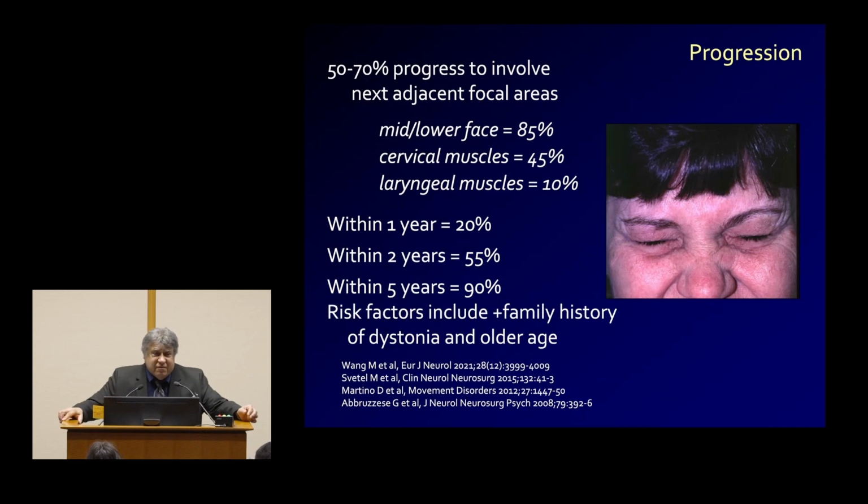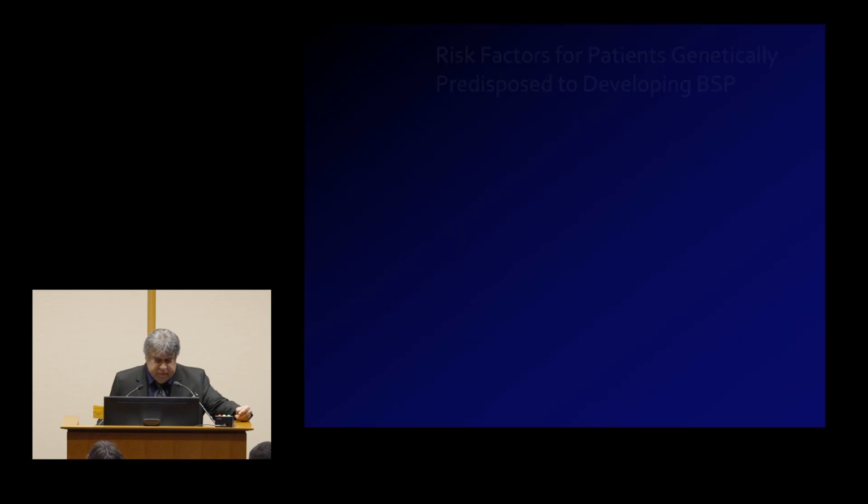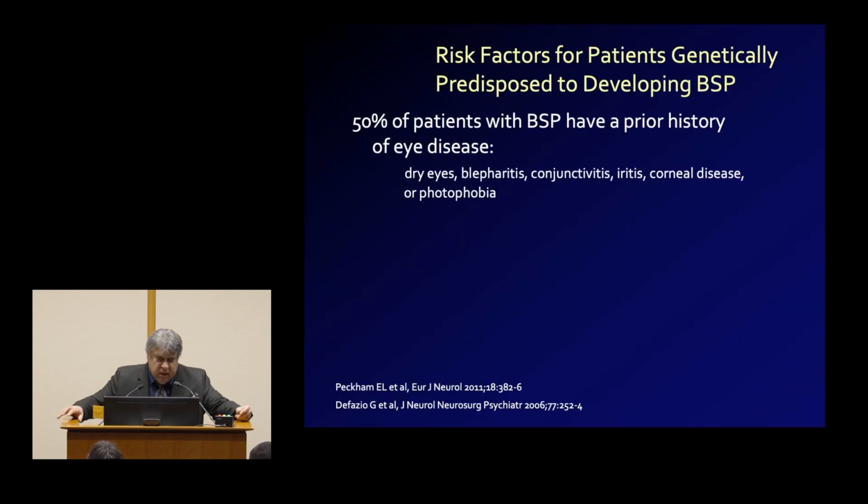There are some risk factors that have been identified that might be related to the risk of progression: a family history of other dystonias or older age at onset of blepharospasm. There are other risk factors identified in patients who are genetically predisposed.